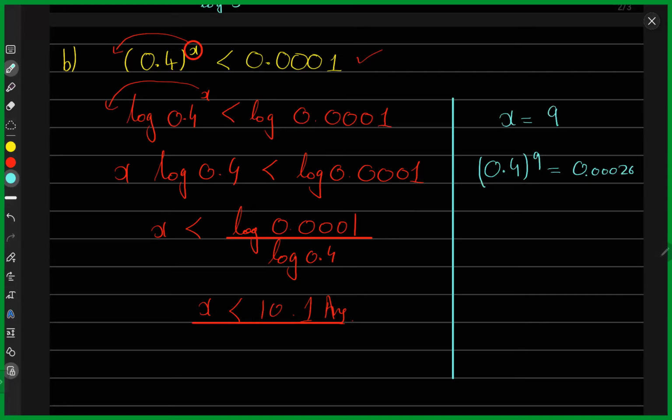And now we can certainly see that 0.00026 is greater than 0.0001. This means that this answer is not correct. So it is the other way around. It would basically be that x > 10.1, and then it would answer your question. Basically, for such questions and even for quadratic inequalities, we usually refer to graphs.